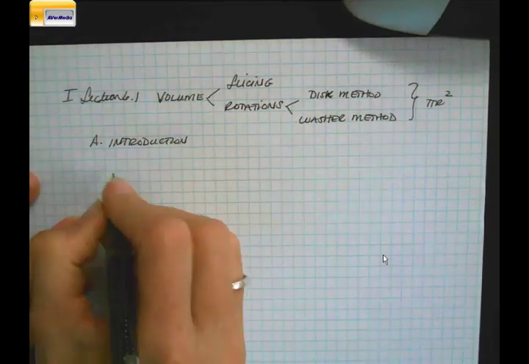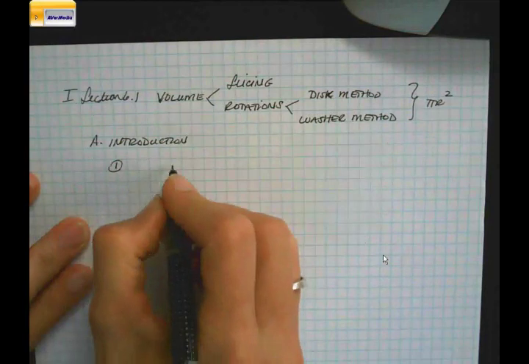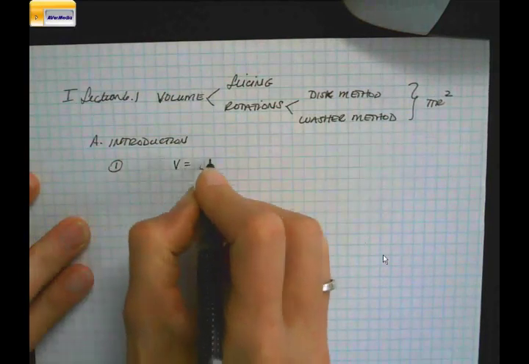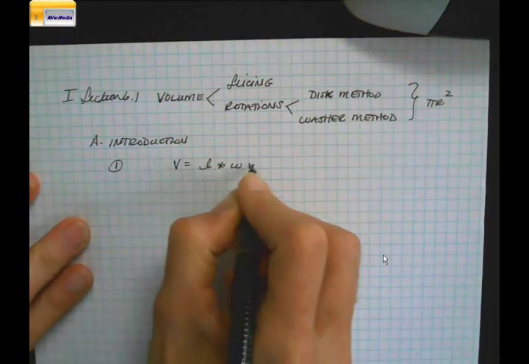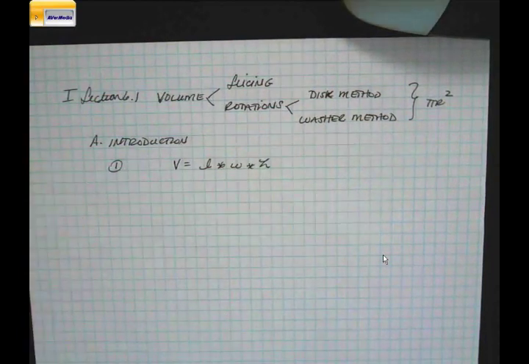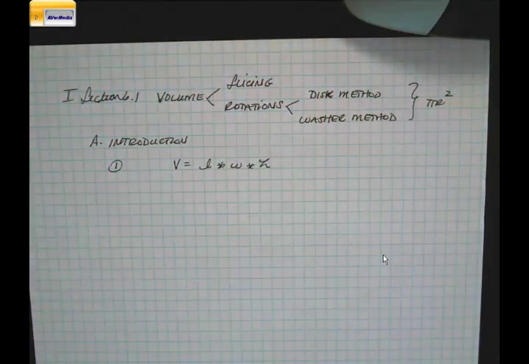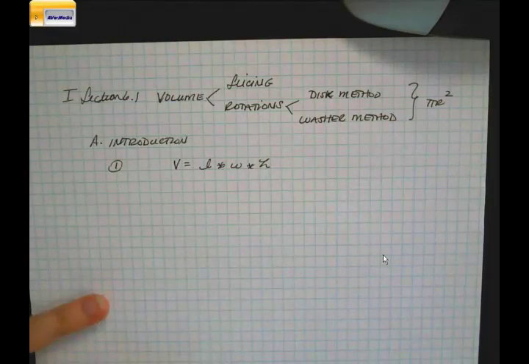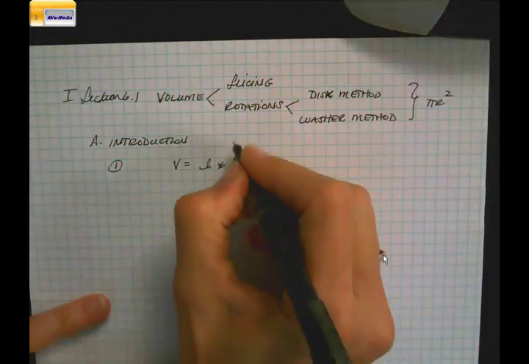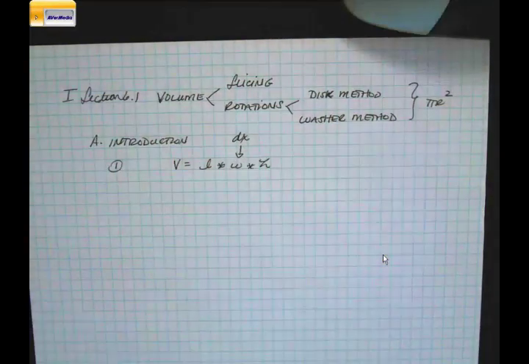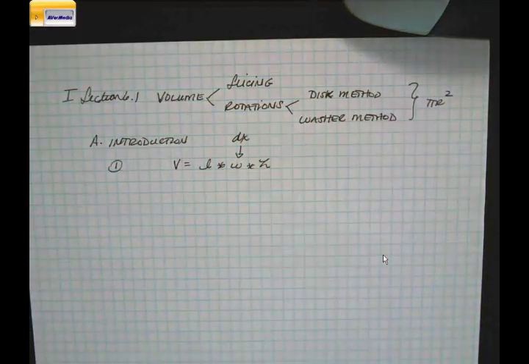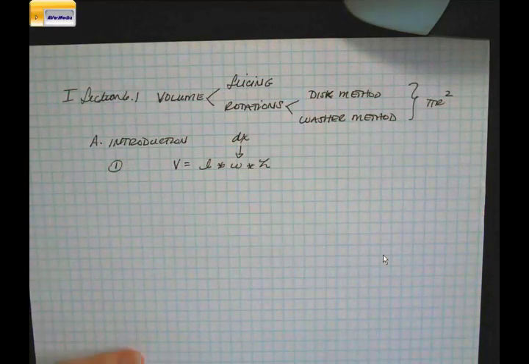Now, just as a little bit of an introduction, I'm going to go to the textbook and talk a little bit about what volume is. When we start talking about volume, we're really thinking of length times width times height. You're multiplying three dimensions in order to get the volume of a three-dimensional shape. Now, when we're doing length times width times height, and we're going to find volume by using integration, width is really going to be like our dx, where our dx is where the width is getting so increasingly small that we approach zero in the width and the partitions of all the area or the volume underneath the curve.